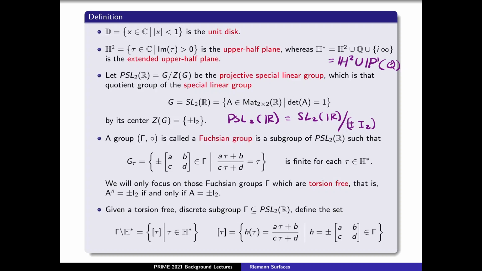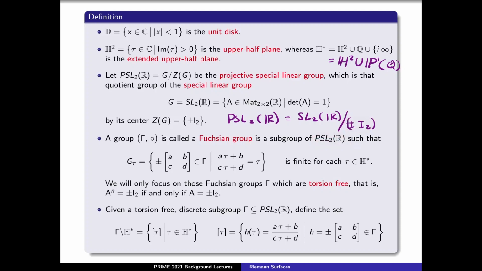And we say that a group Gamma with binary operation circle is a Fuchsian group if it is a subgroup of PSL2R and the following property holds. That G sub tau, where now G sub tau is defined to be the set of matrices A, B, C, D. Notice this plus or minus, and that's coming from the following. We're working with subgroups of PSL2R, so matrices are identified with their negative.